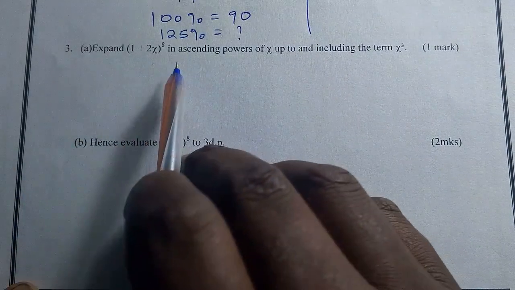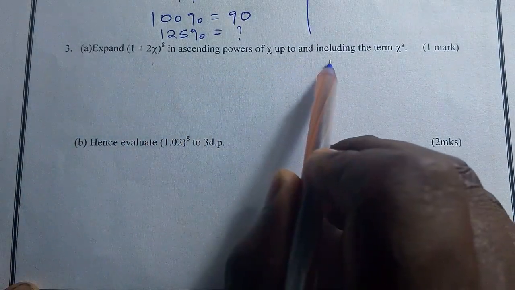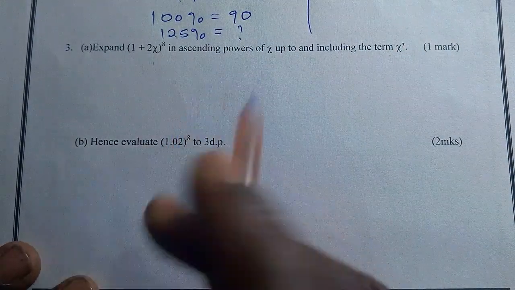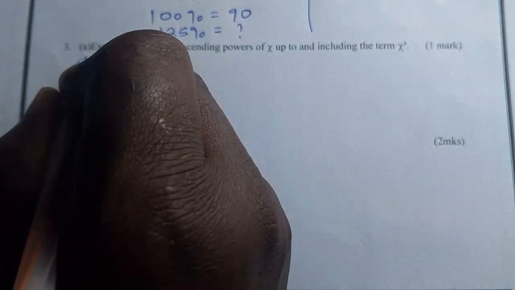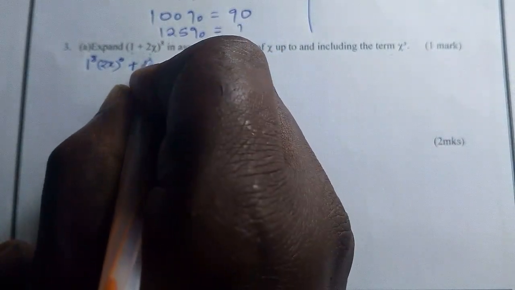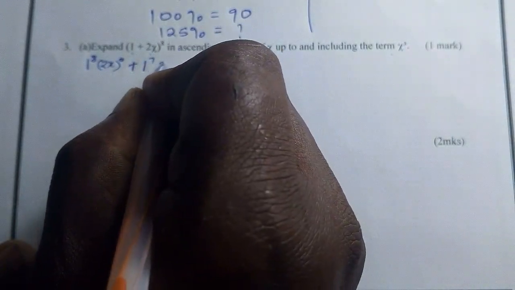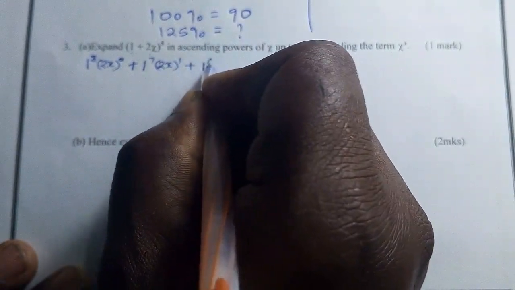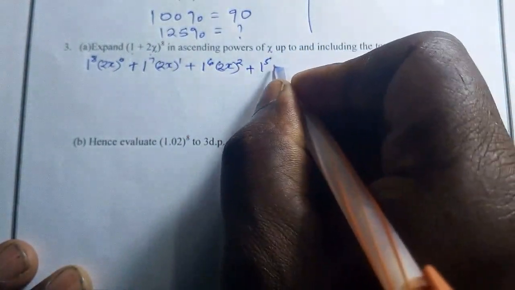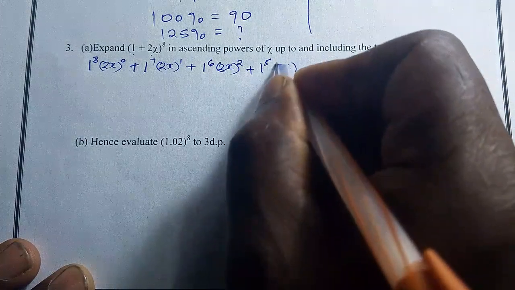Expand this in ascending powers of x up to and including x raised to power 3. So here we start with the first term, 1 raised to power 8, the second term 2x raised to power 0, plus 1 raised to power 7, the second term 2x raised to power 1, plus 1 raised to power 6, the second term 2x raised to power 2, plus 1 raised to power 5, 2x raised to power 3.